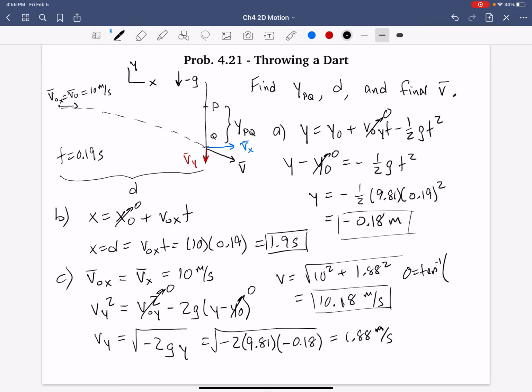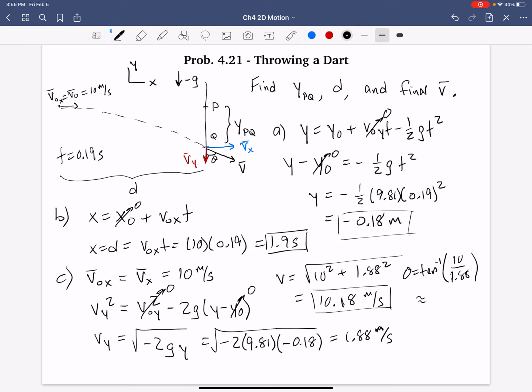I'm going to choose down there. It doesn't matter. So that means our inverse tangent is 10 divided by 1.88. And so our angle should be 10.65. It's really small. Well, sorry, that's not 10.65. It's the complement because I'm silly.